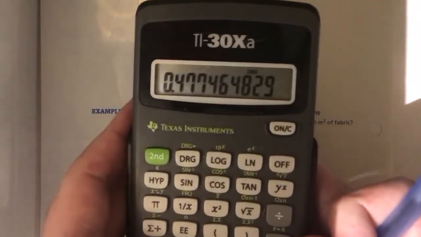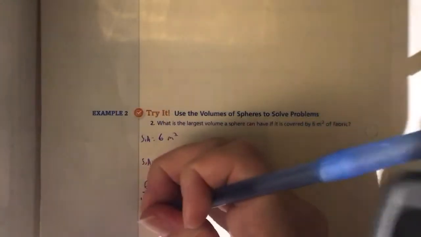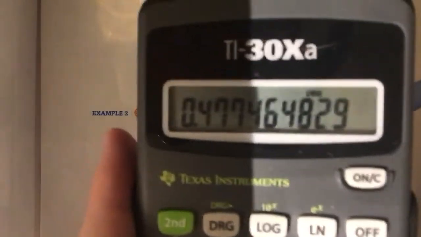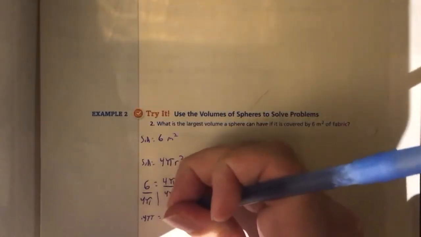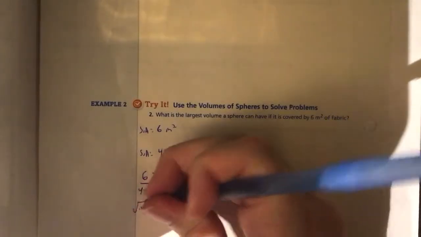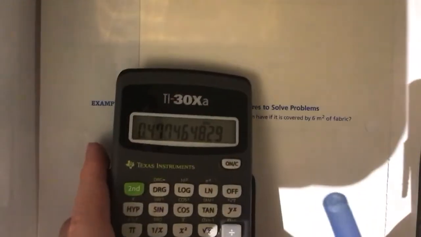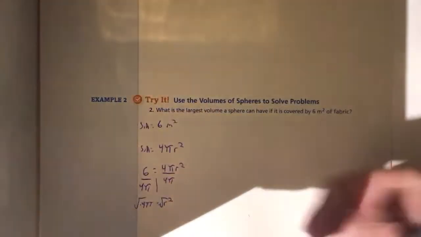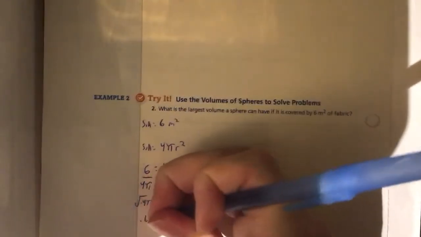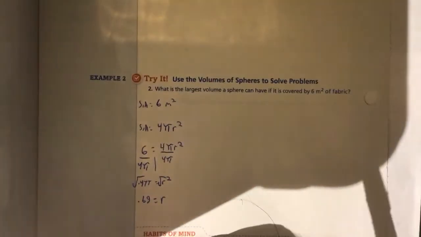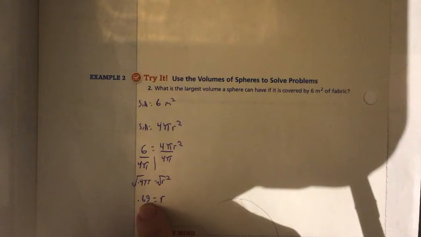I get 0.477464. I'll just write out a couple, I'll write out 0.477 equals r squared. And then what I do to solve for r, I just take the square root of both sides. So rather than rounding, I'll just leave this and then just press the square root button, and I get 0.69. So that's my radius of my sphere, 0.69 meters.